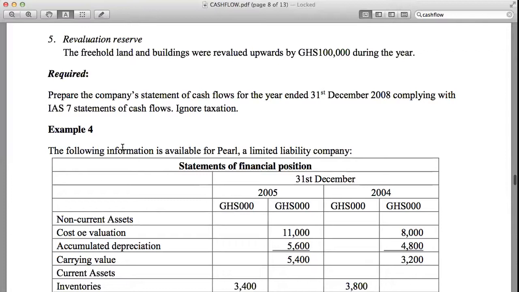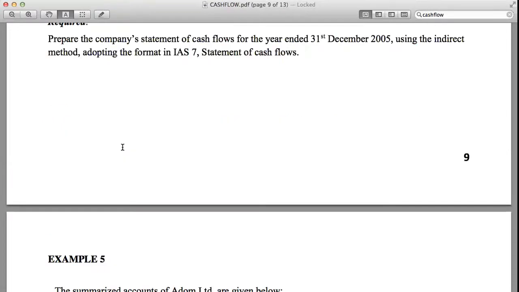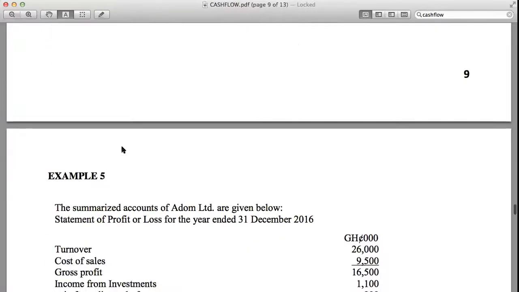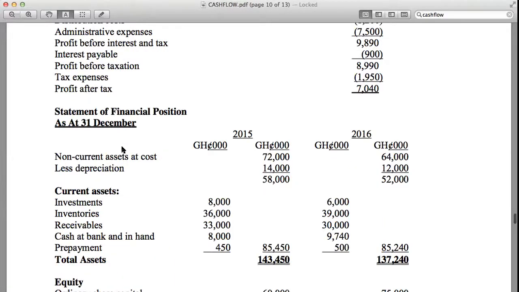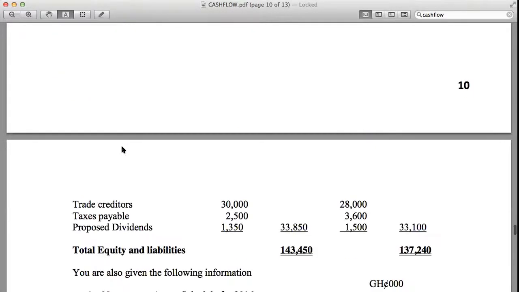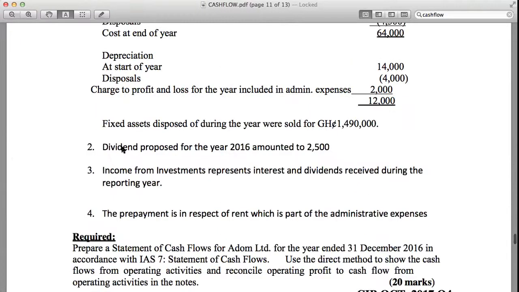Before I come to the past question, I'll use the indirect approach for example 4. Then tomorrow, we'll do example 5. Example 5 is your past question. I wish I could do that one first.